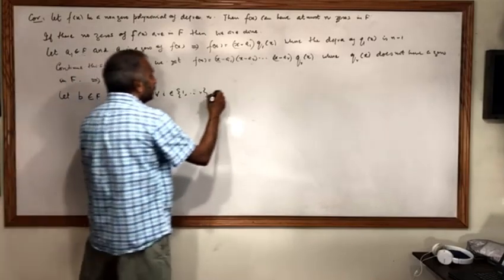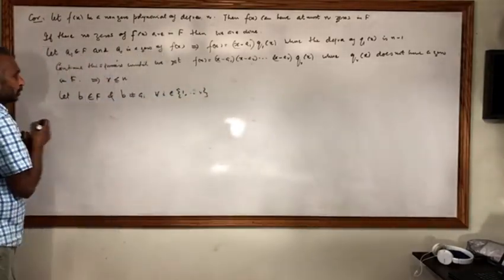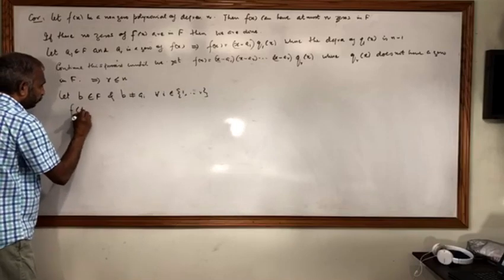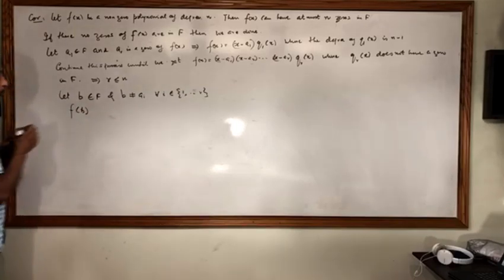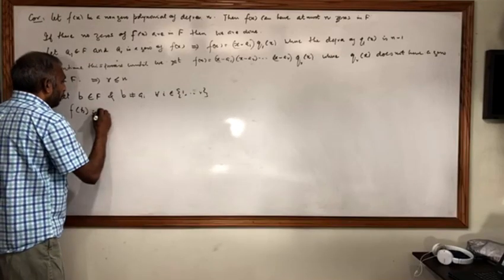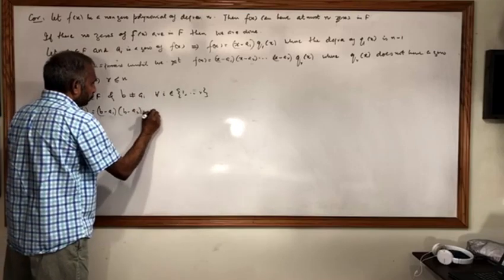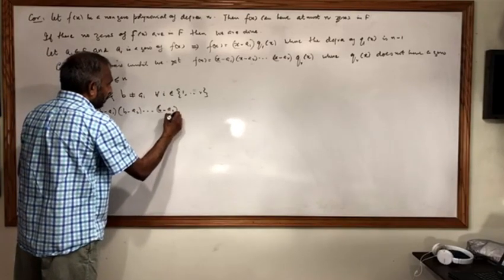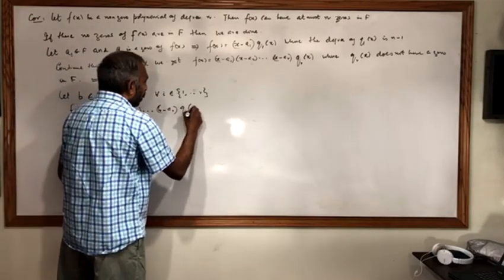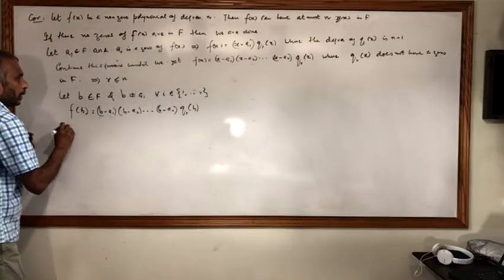So let us assume b is like this. What is f(b)? f(b) is equal to (b minus a1)(b minus a2) ... (b minus ar) qr(b).